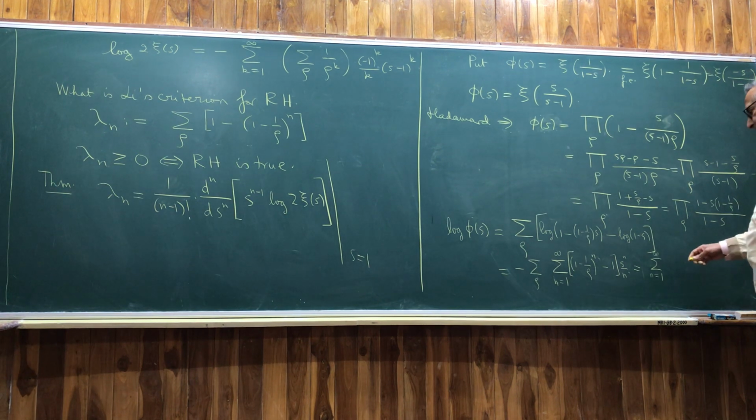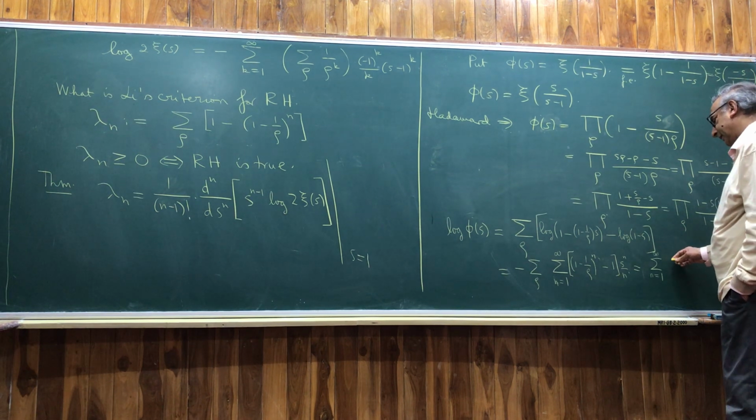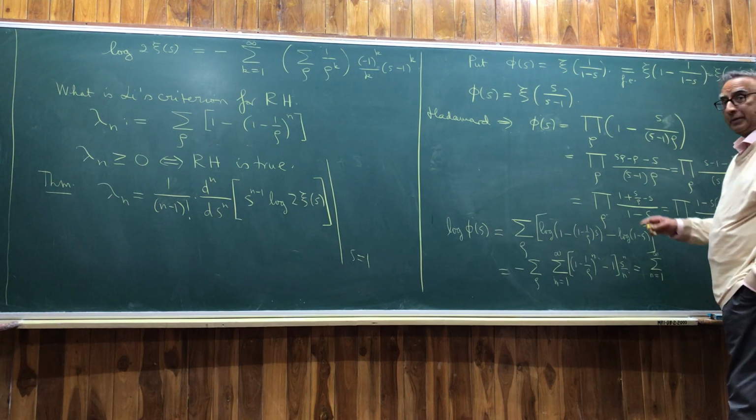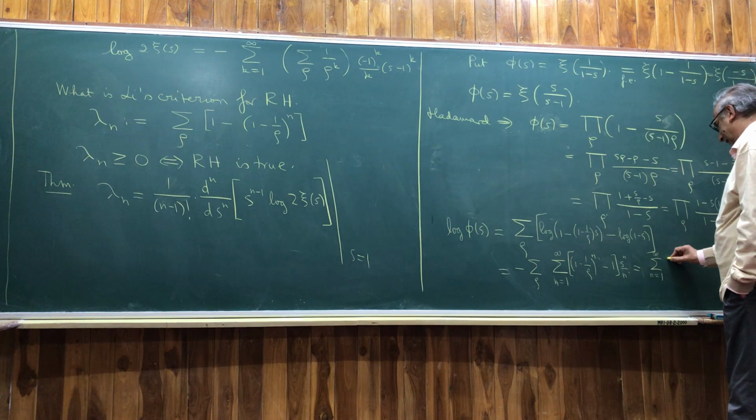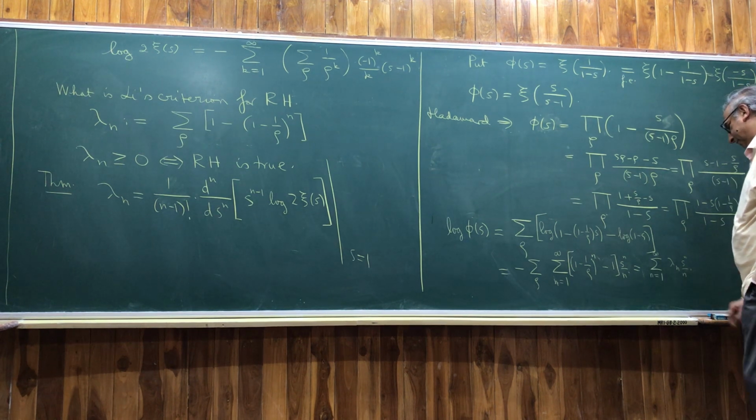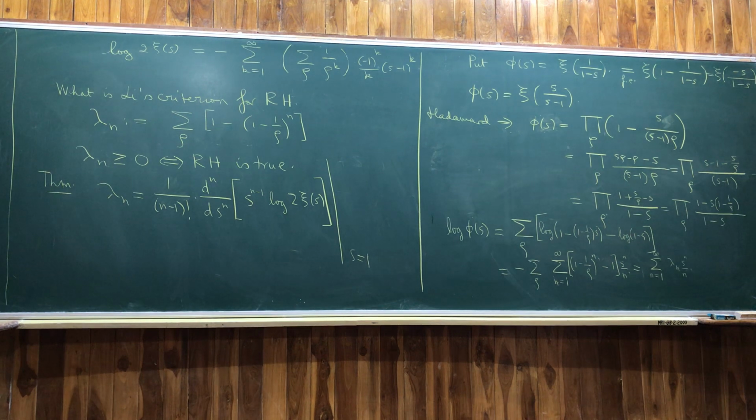Okay, let's just go on. It's not going to be terribly important, but anyway, it's looking like lambda sub n, s to the n over n. That's what it's looking like, the power series expansion.